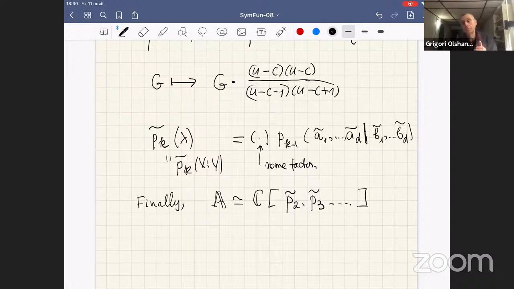So to conclude, we have a realization of this algebra of regular functions. And this is indeed a nice algebra, very useful. It's not only some definition, some construction, it's really a working tool in several examples.